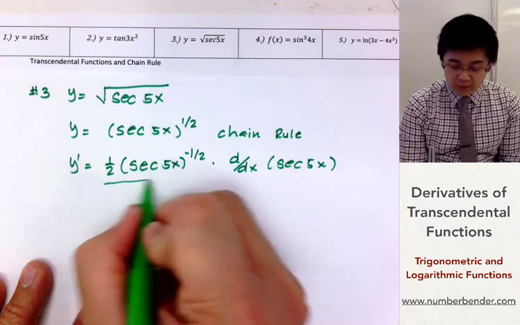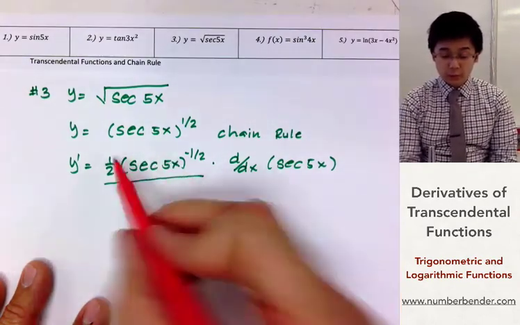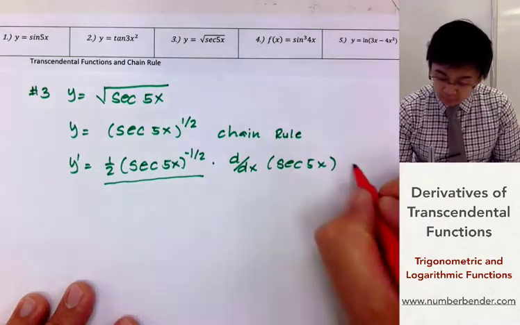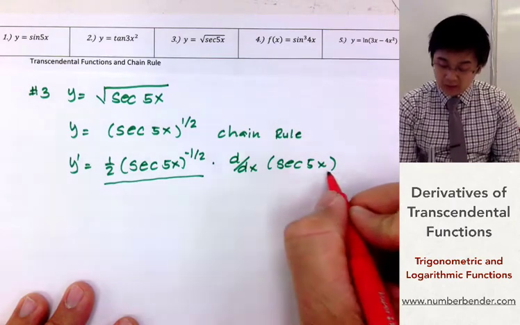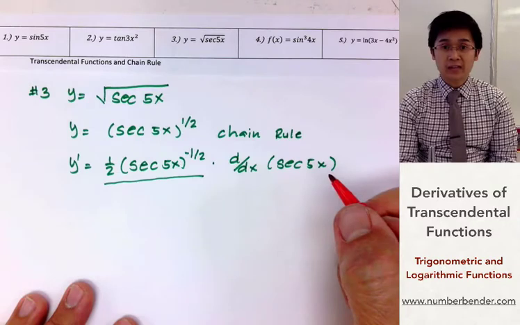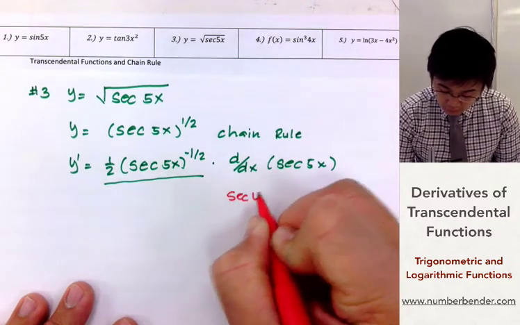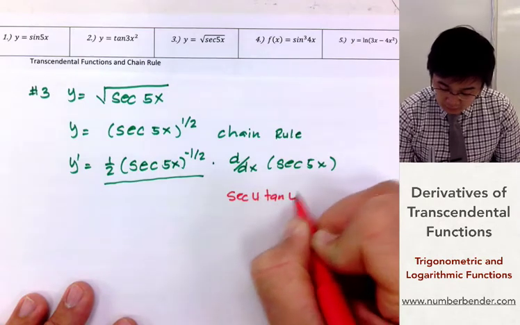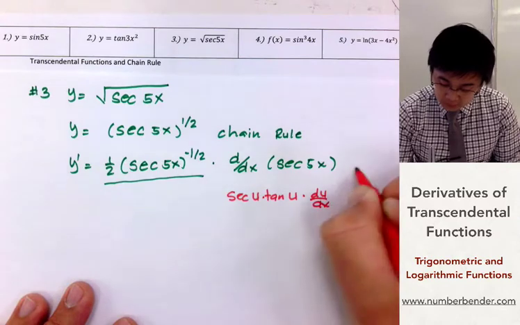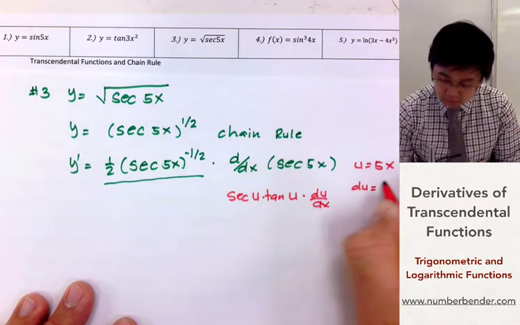So we're finished with the derivative of our u to the 1/2. We just need to find the derivative of secant 5x, wherein we know that the derivative of secant u is secant u tangent u du dx. So this is secant u tangent u times du dx, where u is 5x and du is 5.